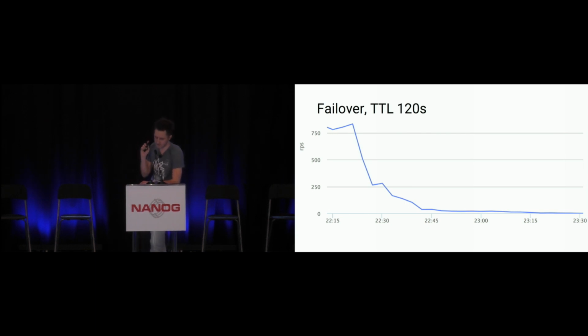Here's a graph of HTTP requests towards a server which was taken out of DNS rotation at a quarter after 10 p.m., on the left of the slide. The TTL of DNS record was 120 seconds. As you can see, 15 minutes later, 1/3 of traffic was still flowing towards the server, which was at that moment supposed to be down for a while.